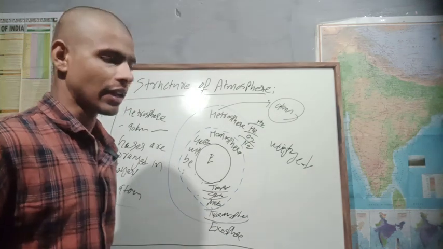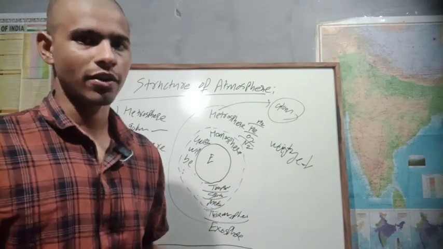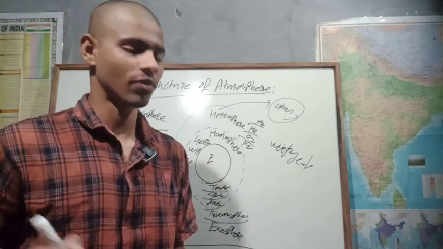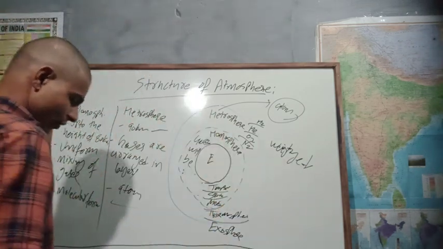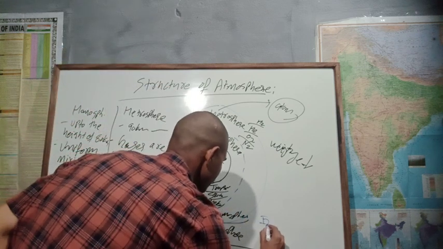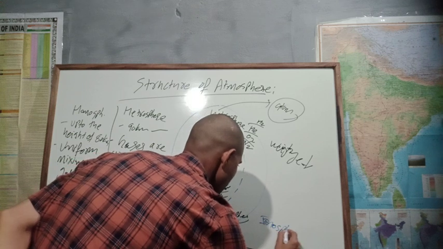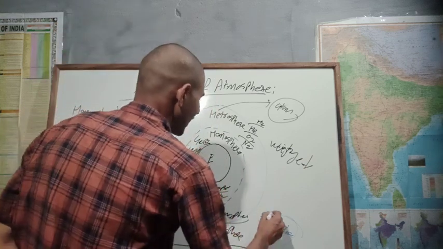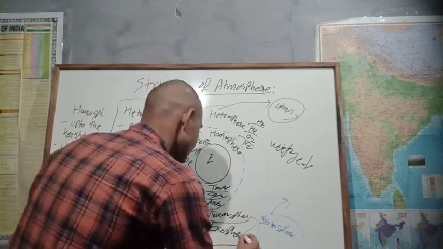And you might have heard about magnetosphere and ionosphere. Now, aren't they different layers? Actually, they are not different layers. Let me tell you about it. First, let's say ionosphere. This ionosphere lies in between thermosphere and exosphere.